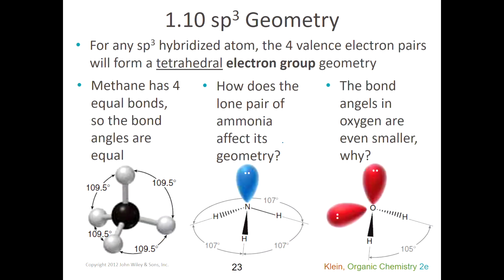So here are the three compounds we just talked about that have a steric number of 4. The methane, the ammonia, and the water all have steric number of 4 because they all have a combination of sigma bonds and lone pairs that add up to 4. And notice that their shapes are very similar.